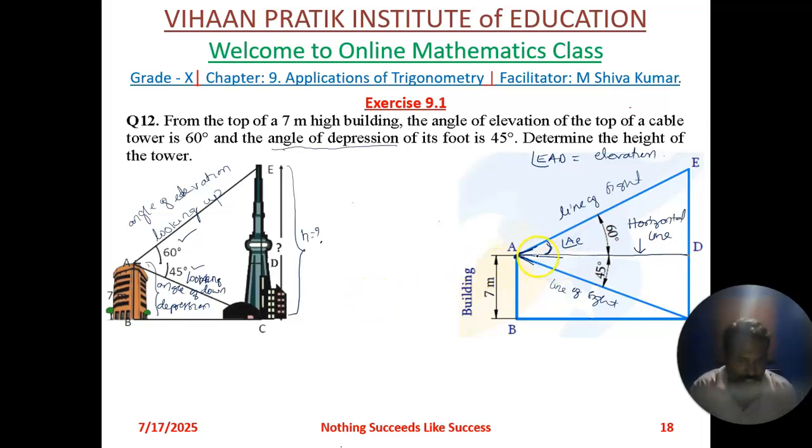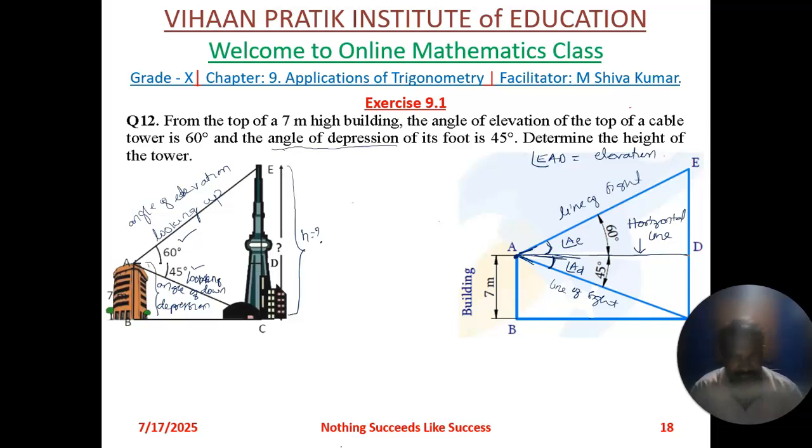So with reference to this same horizontal line, he is looking down. So the angle made with respect to this horizontal line is called as angle of depression. So same angle A, but here we have D. So horizontal is very important. So without horizontal we cannot solve these problems.